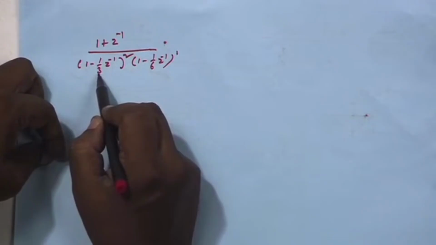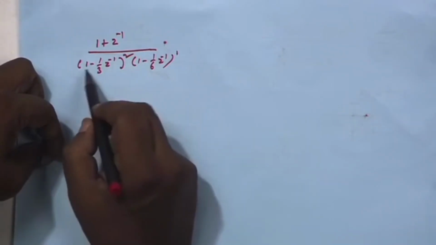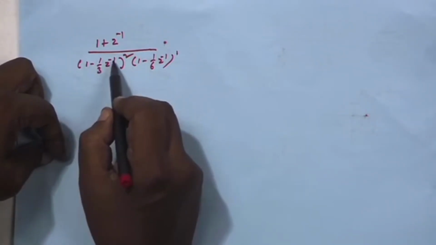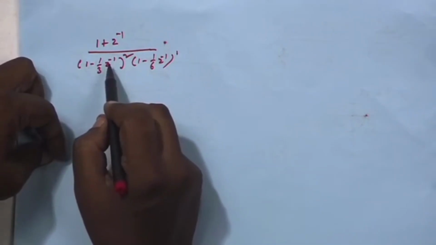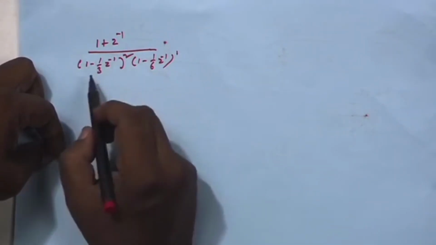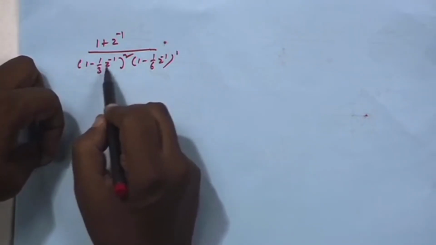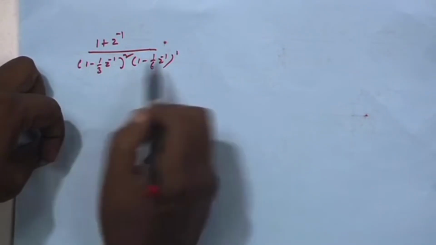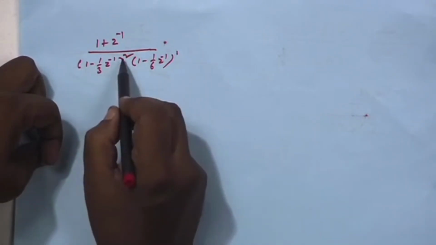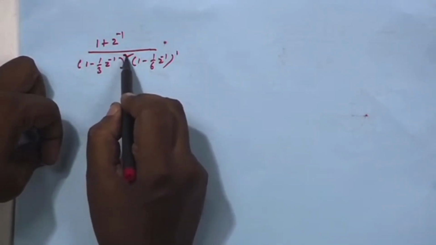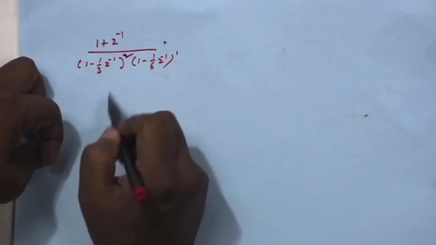So, a pole at z equal to 1 by 3, but that has order 2, a second order pole. That means a factor like this, 1 minus 1 by 3 z inverse, gives a pole not at z equal to 3, but at z equal to 1 by 3. Because if you put z equal to 1 by 3, the inverse of that cancels with 1 by 3, you get 1 minus 1, which is 0, division by 0, which means the pole. It is a second order pole, because the factor is getting repeated, so there is a power of 2.